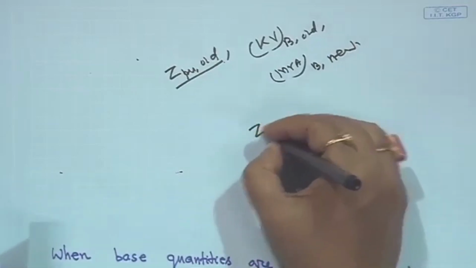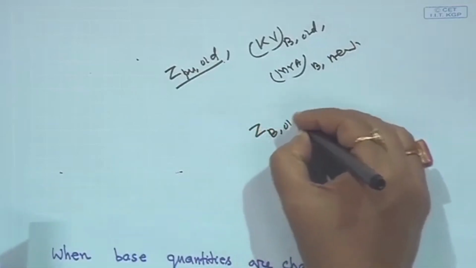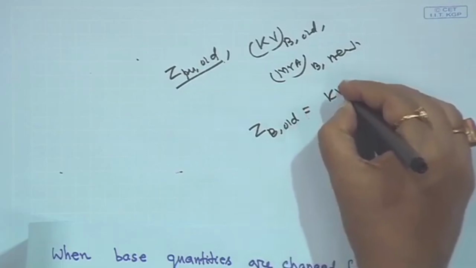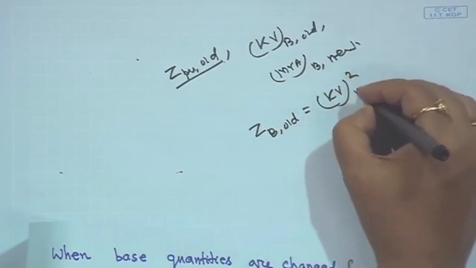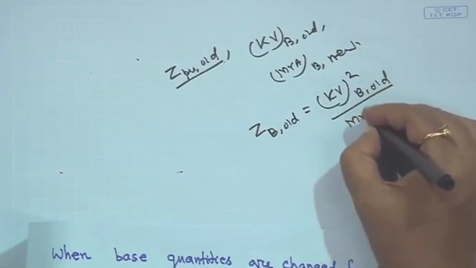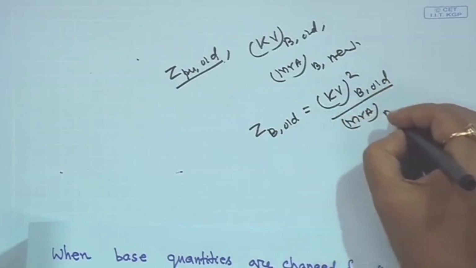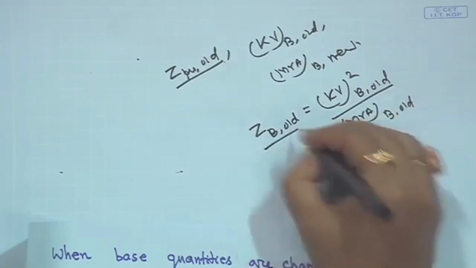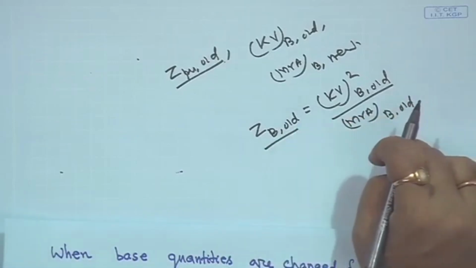Therefore, this Z base old is equal to KV base old square divided by MVA base old, right. So, this is the base impedance for the old base.